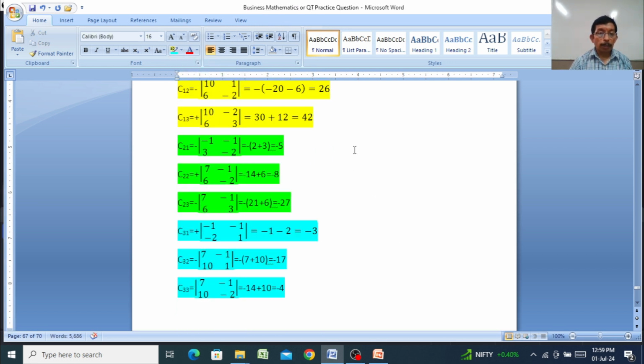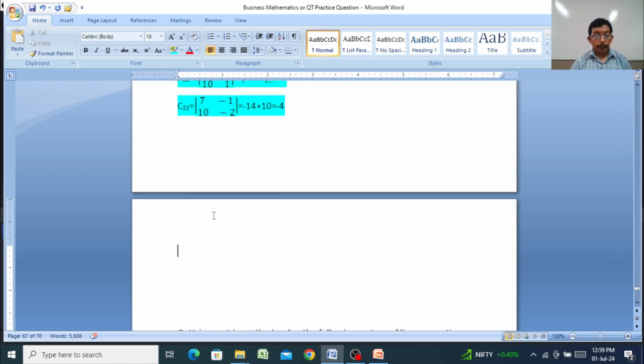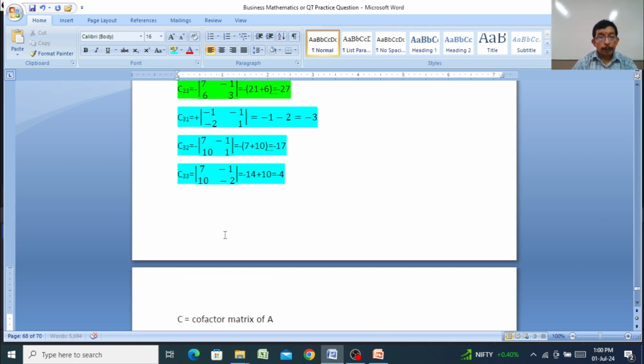These are all the cofactors of the given matrix A. Now we find the cofactor matrix C. C is equal to the cofactor matrix of A.